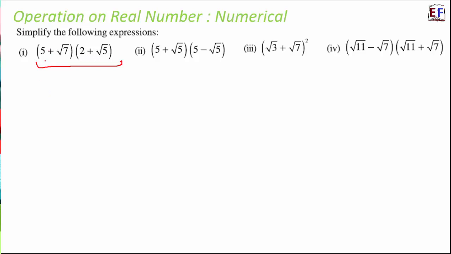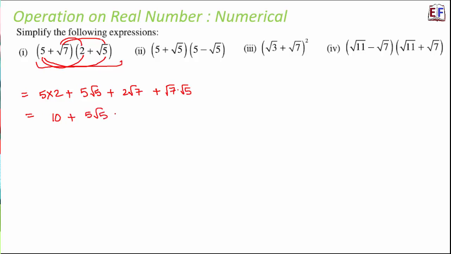We multiply 5 by 2, plus 5 by root 5, plus root 7 by 2, plus root 7 by root 5. So this will be equal to 10 plus 5 root 5 plus 2 root 7 plus root 35. This would be the answer.